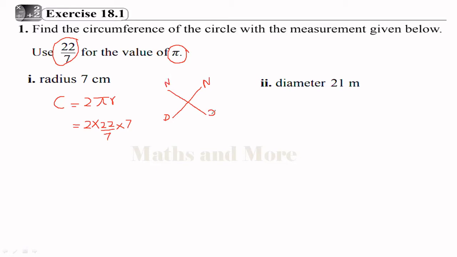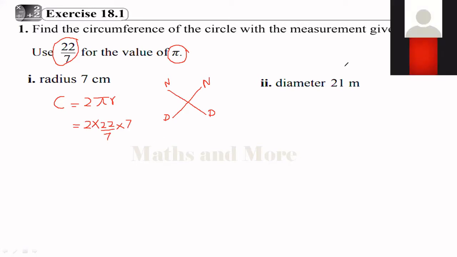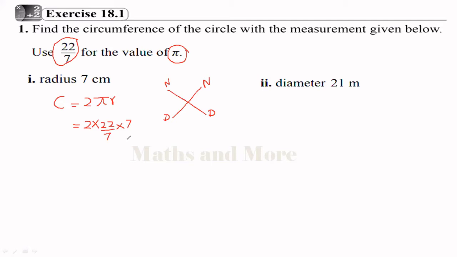Check whether you can simplify or not. Here this 7 is in the numerator. There's a one below this, and another one below this.